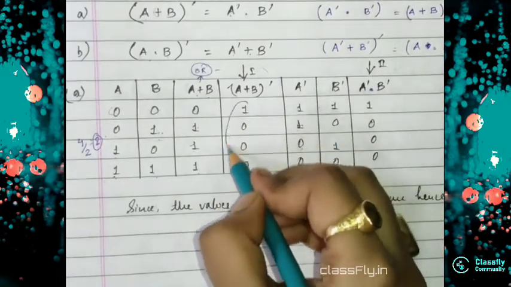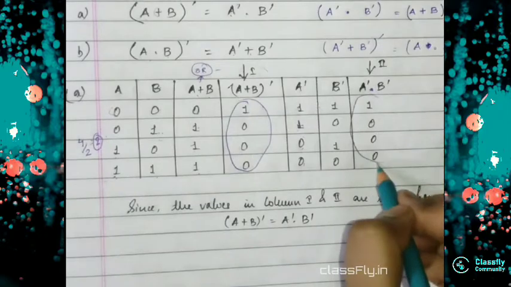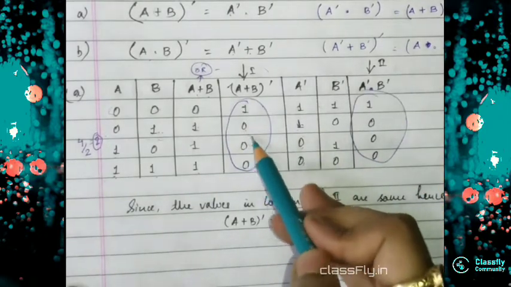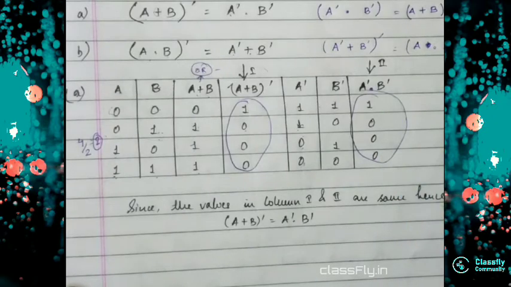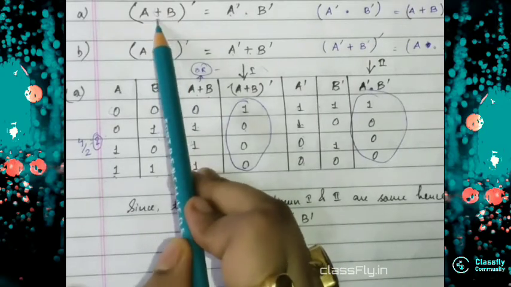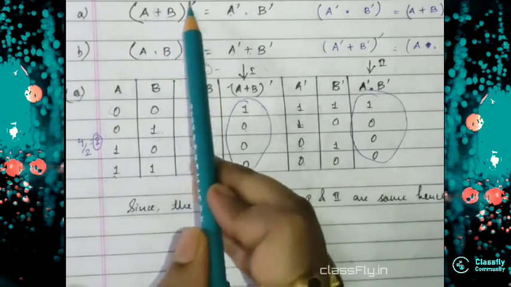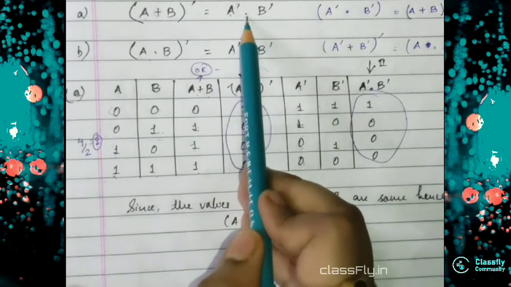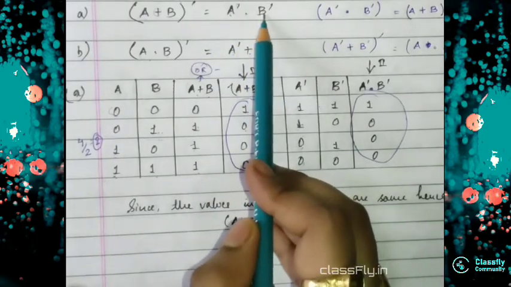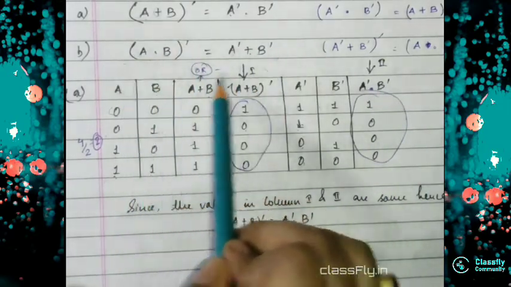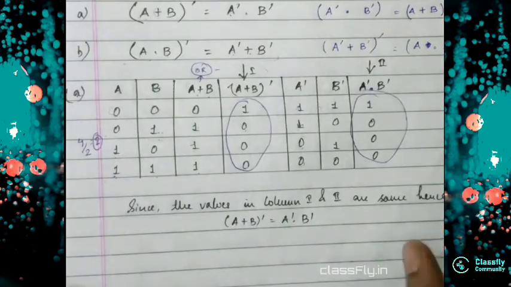You can see this column and this column are the same, right? I get 1 0 0 0 and 1 0 0 0, it's the same. So I proved that (a plus b) complement is equal to a complement and b complement. Okay, now we will see how to prove the other one with the truth table.